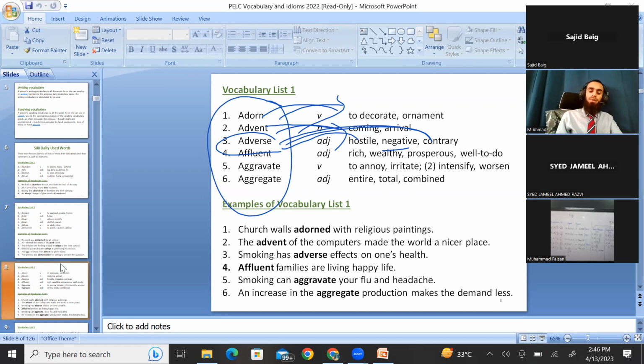Yes, Jamil, how do you make a sentence with affluent? A good business is always affluent for the management.